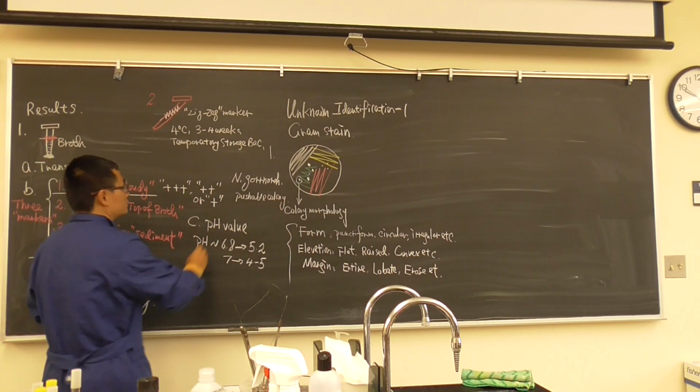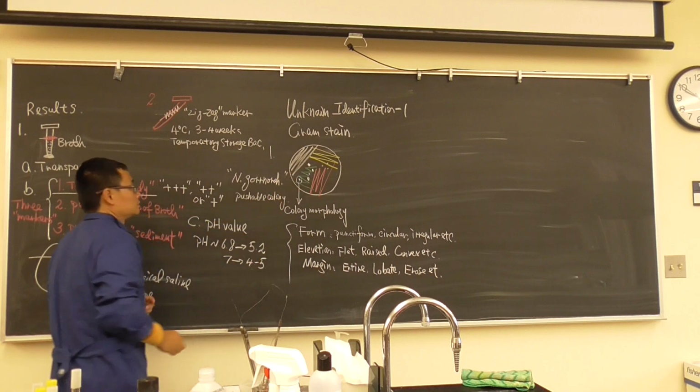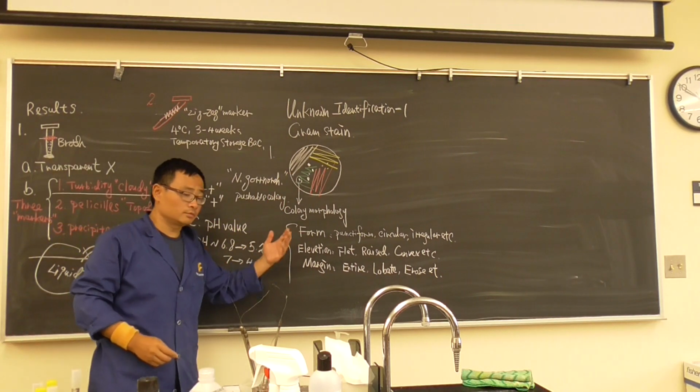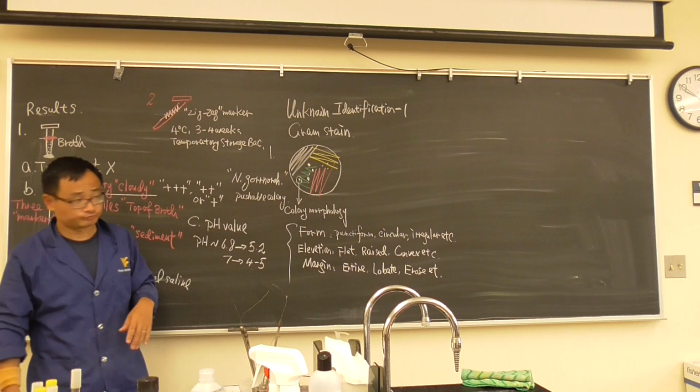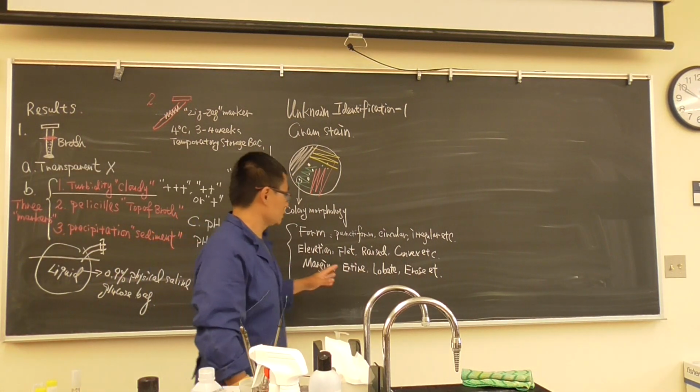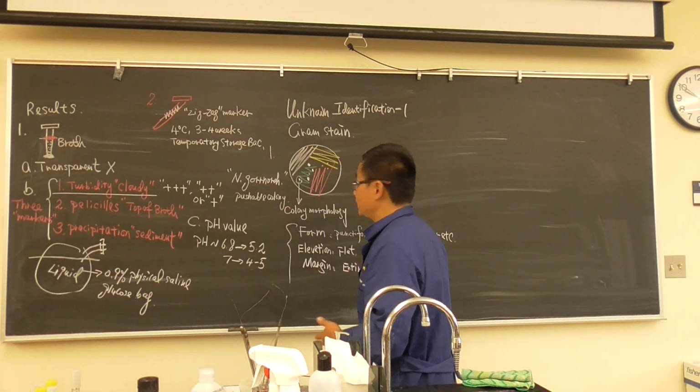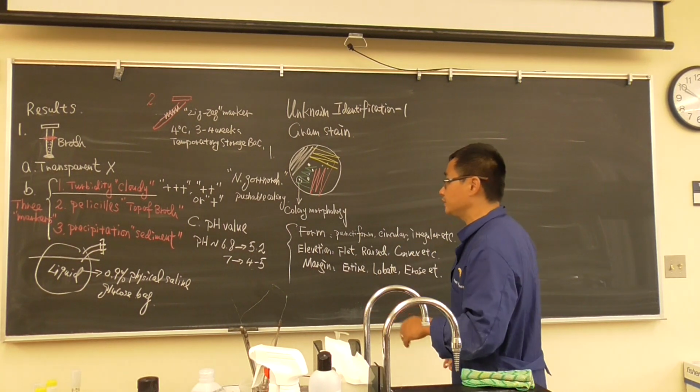So it really depends. Sometimes the colony morphology will tell you something, but most of the time it does not. Therefore, we have to use Gram stain to identify it.